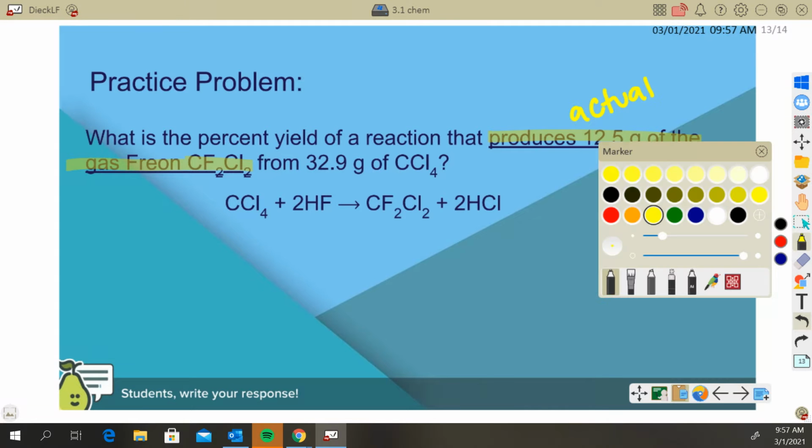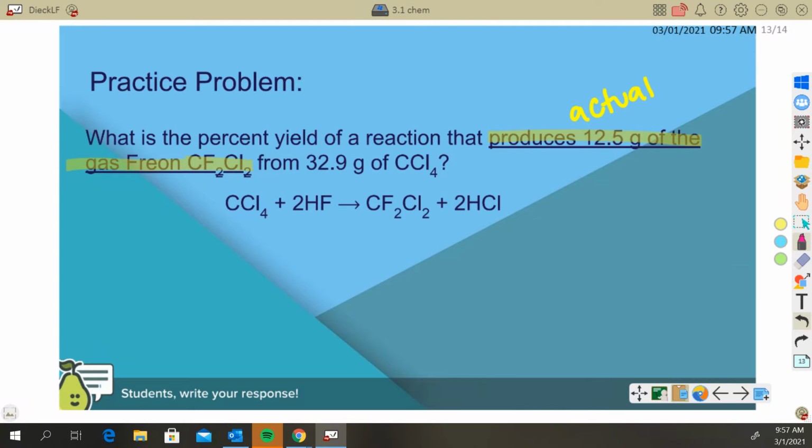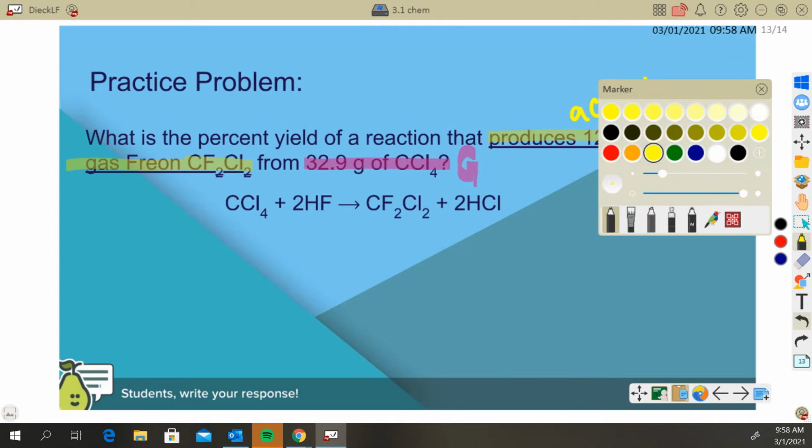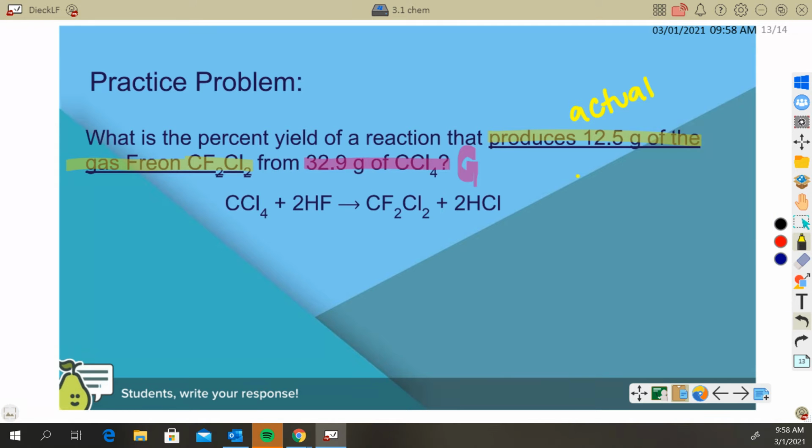What is our given? 32.9 grams of that is my given. And my want is going to be grams of Freon. Okay, so grams of that. That is my want.